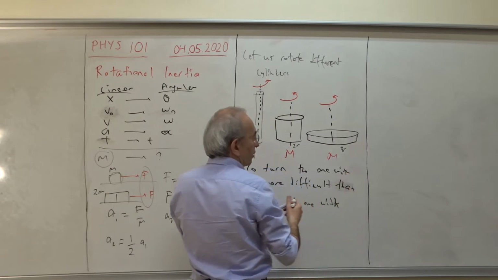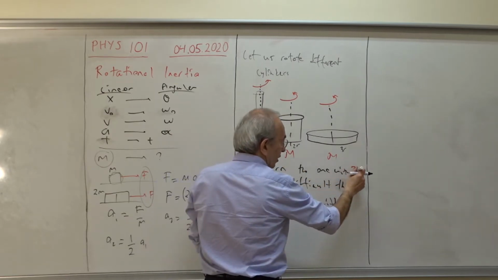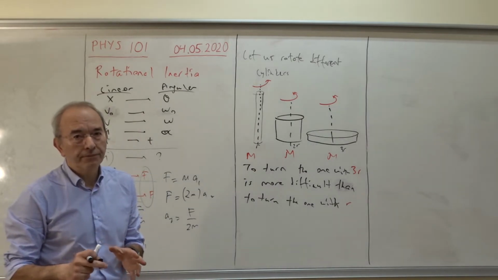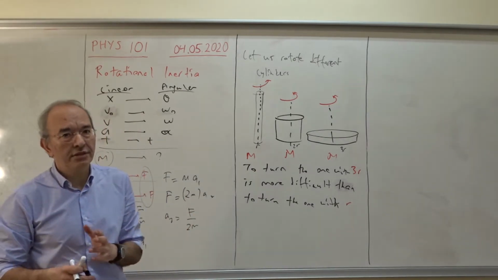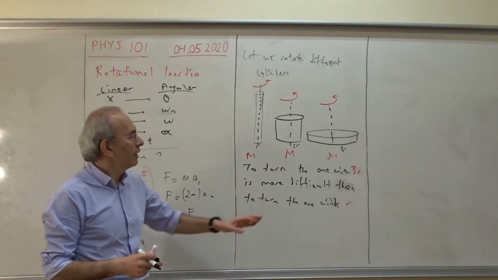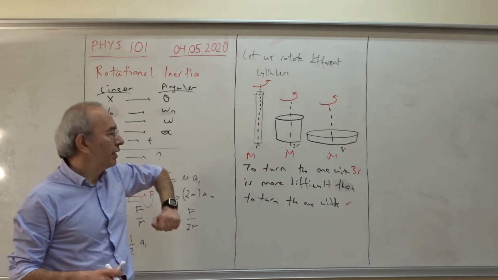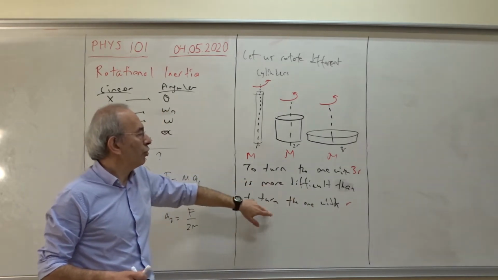So to turn the last one having radius 3r is of course more difficult, requires more torque, as we will see. We don't know torque yet, but as we will see. To turn the one with radius 3r is of course more difficult than to turn the first one.